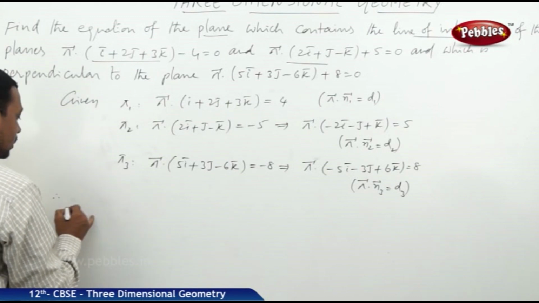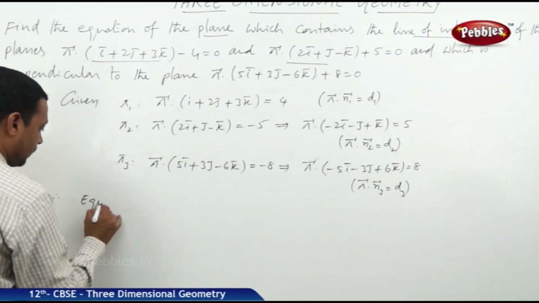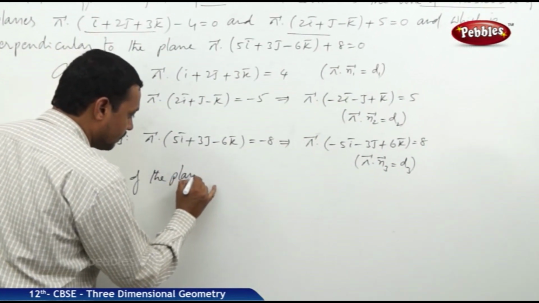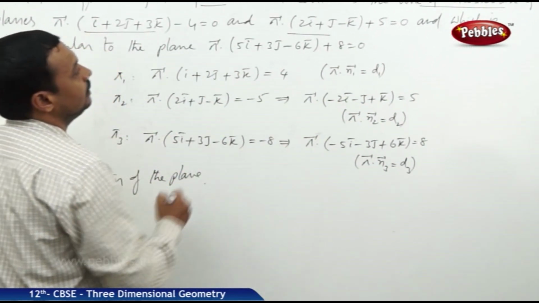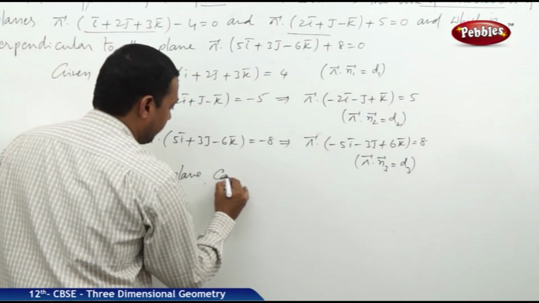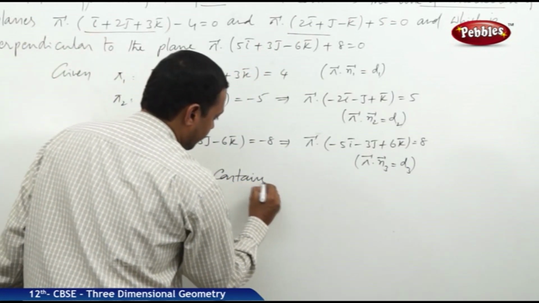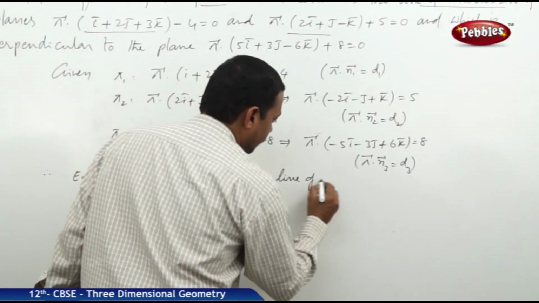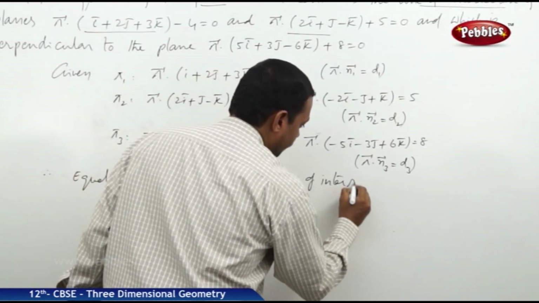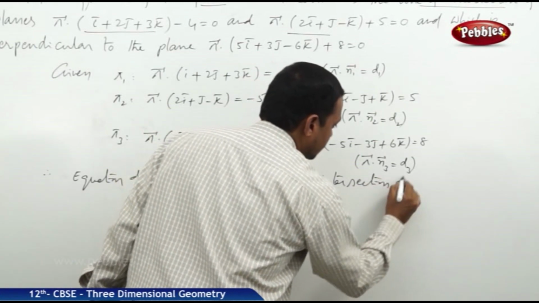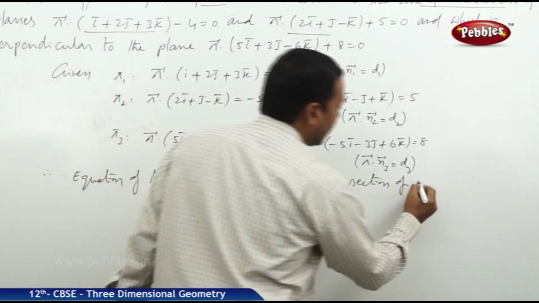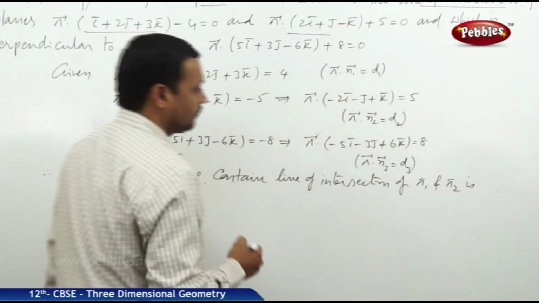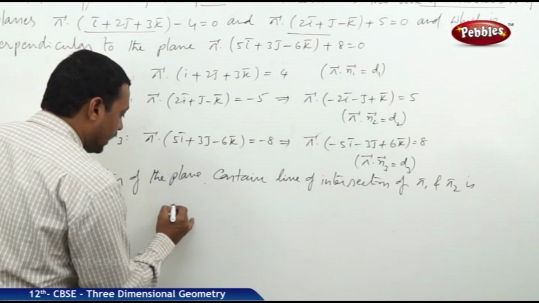Therefore, the equation of the plane containing the line of intersection of pi 1 and pi 2 is, what is that?